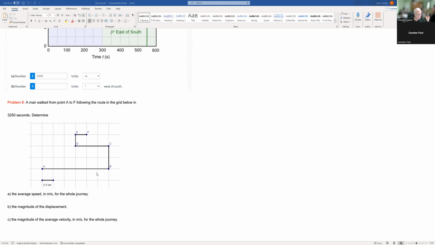Now that we have 2 kilometers here and 1.5 kilometers here, you can find the distance from A to F. AF is the hypotenuse of this right angle triangle.